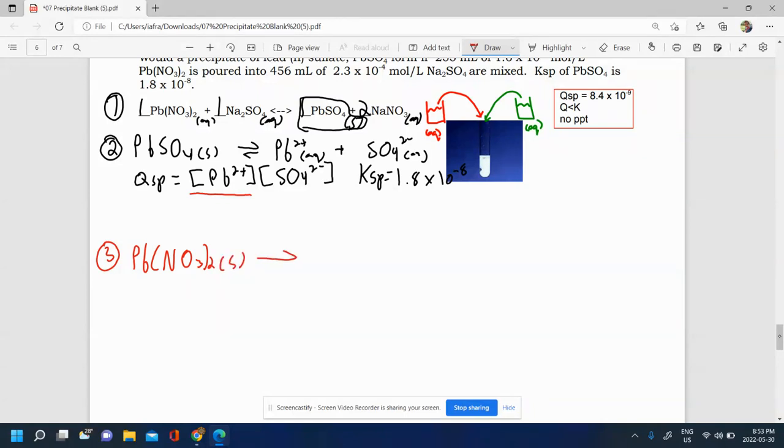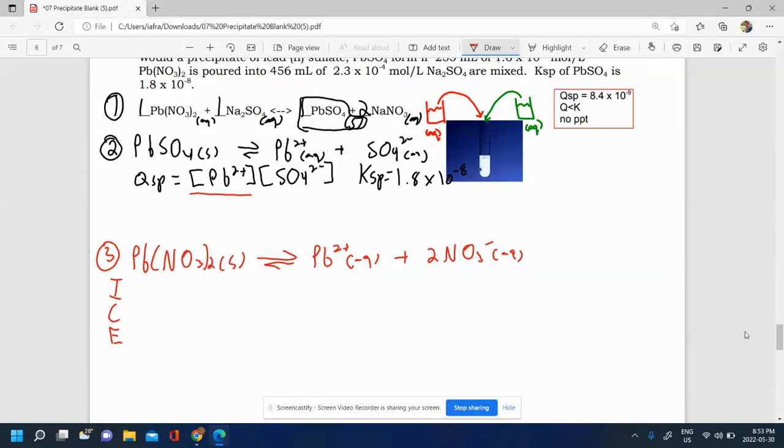We'll make our equilibrium dissociation equation, plus 2 nitrates. We don't really care about nitrates because they're not in our precipitate, but we're still going to write it out to make sure our equation is balanced in the end.